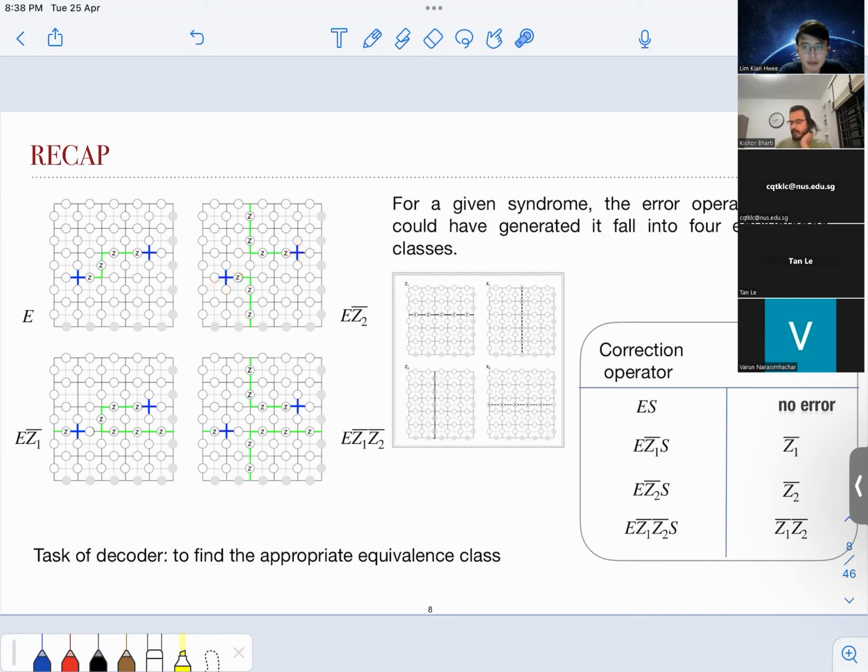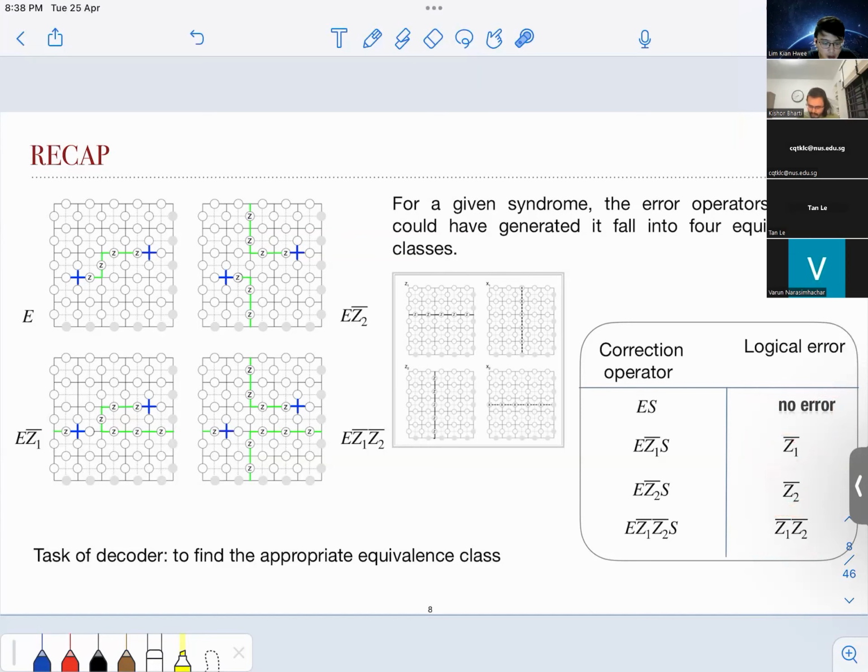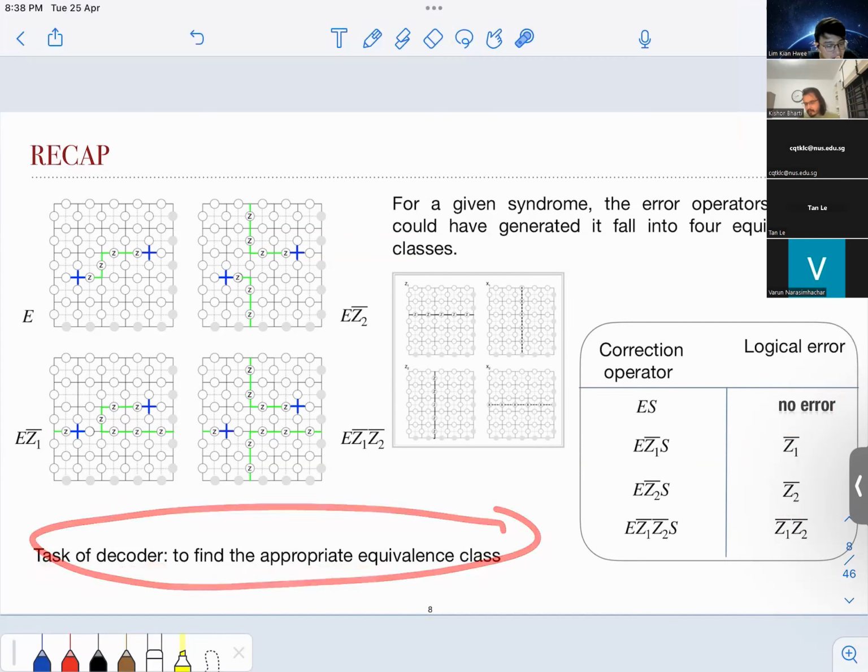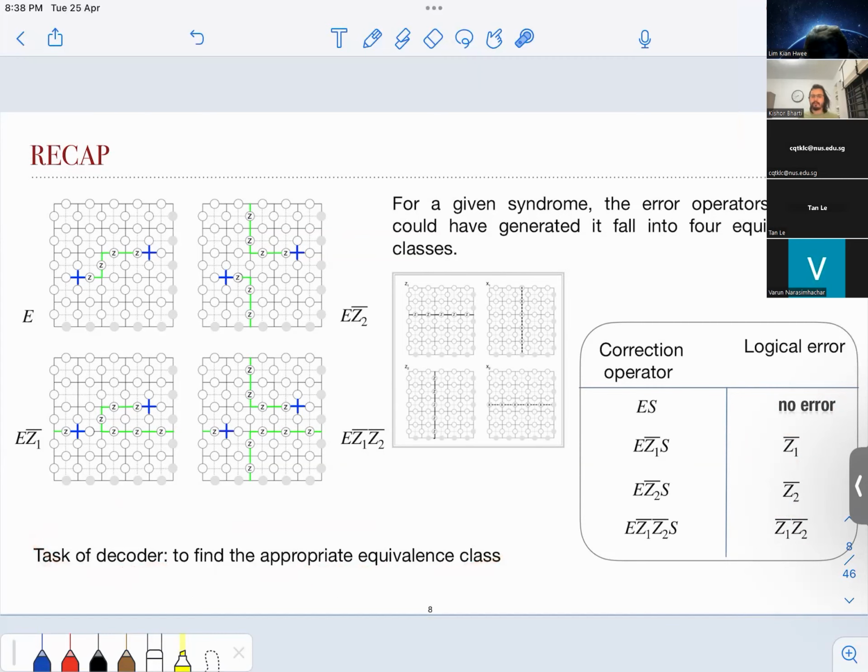You can come up with a correction operator, but if your correction operator ends up applying a logical error, then that's a problem. That's not good. So you can have no error, or you can have Z1 bar, Z2 bar, and so on. The task of the decoder is to find the appropriate equivalence class. If you find the right equivalence class, then you are okay. Otherwise, it's not good.